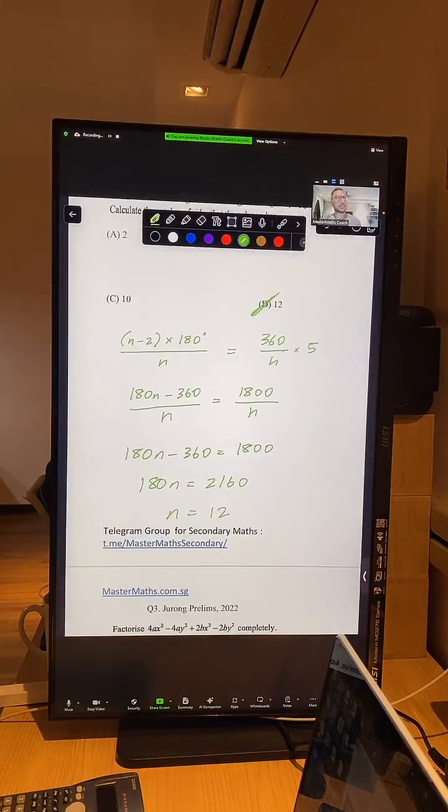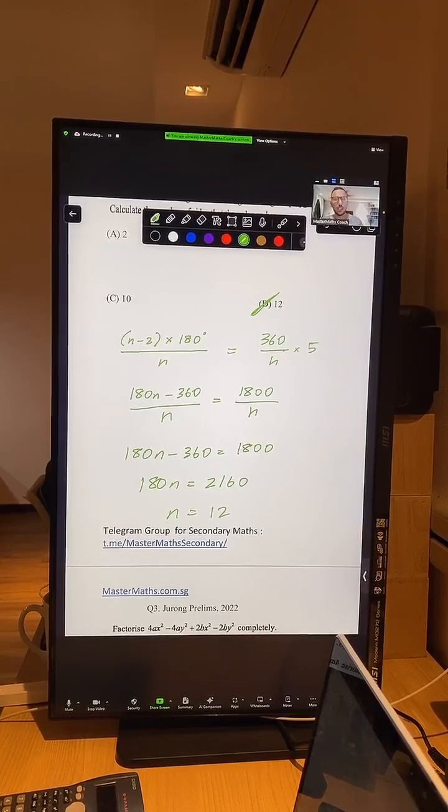Now, can I confirm my answer? Sure, I can. How do I do that? What I can do is I go and find the individual interior angle of a 12-sided polygon. If you trust Google, you can go to Google. Sometimes you can also use things like Meta AI. You can use AI to solve these kind of things, or to check if you're doing your own practice.